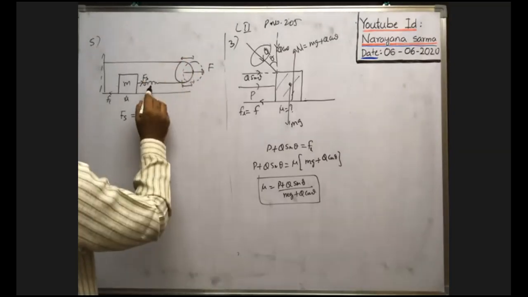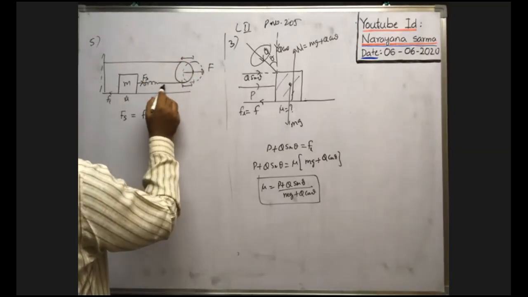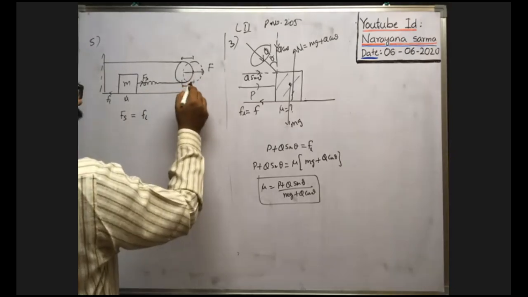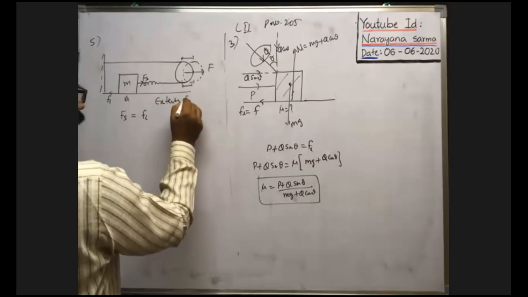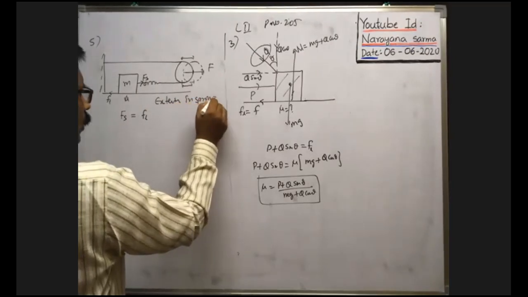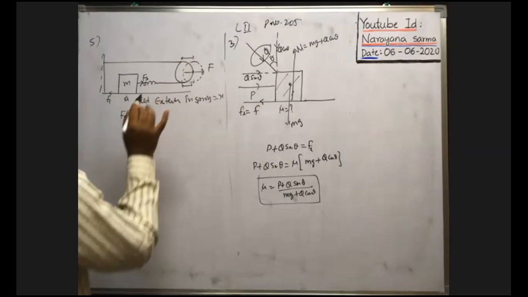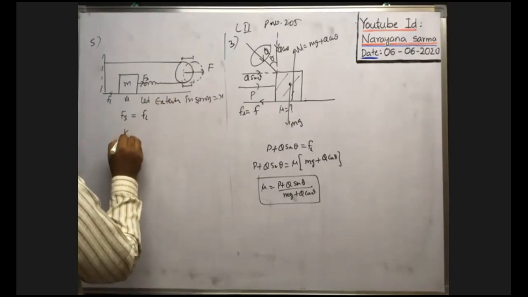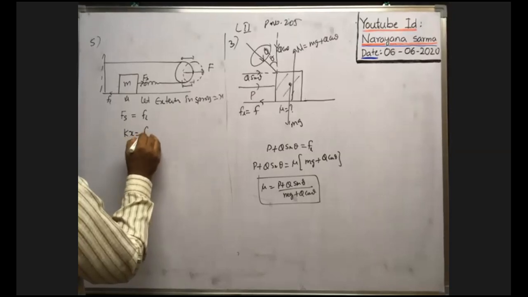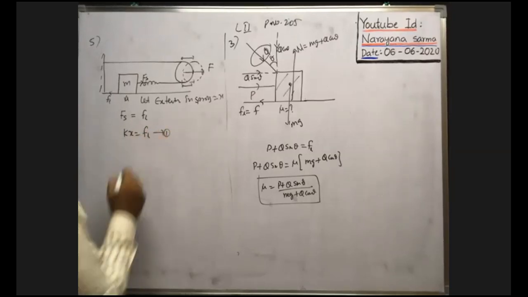Let the extension of the spring be X. Then spring force is equal to Kx, that is equal to FL. This is equation 1.